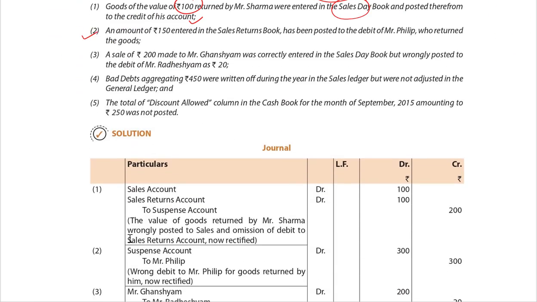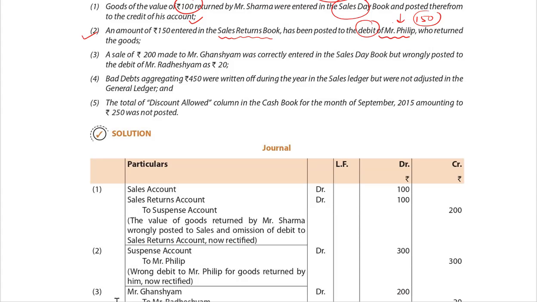Let's see point number 2. An amount of 150 entered in the sales return book has been posted to the debit of Philip, who returned the goods. Over here in this question, we have wrongly made the entry in the debit of Mr. Philip by 150.